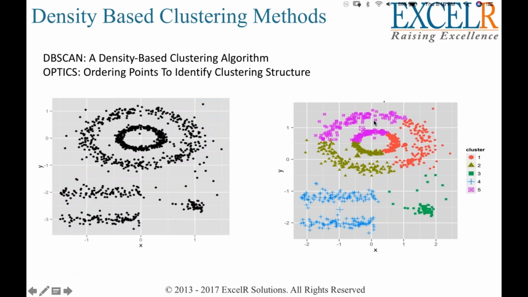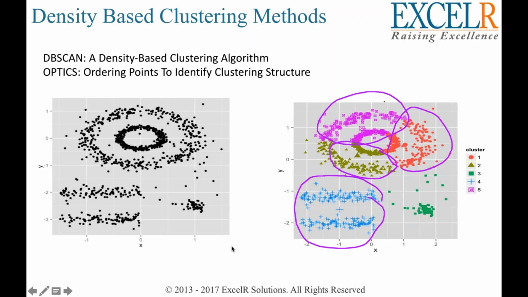However, if you use traditional clustering algorithm techniques, such as K-means clustering, then K-means would create these clusters basically. It would consider this as one cluster, this as a second cluster, this as the third cluster, all these as a fourth cluster, and this as a fifth cluster, which is obviously wrong in comparison to what we have just discussed.